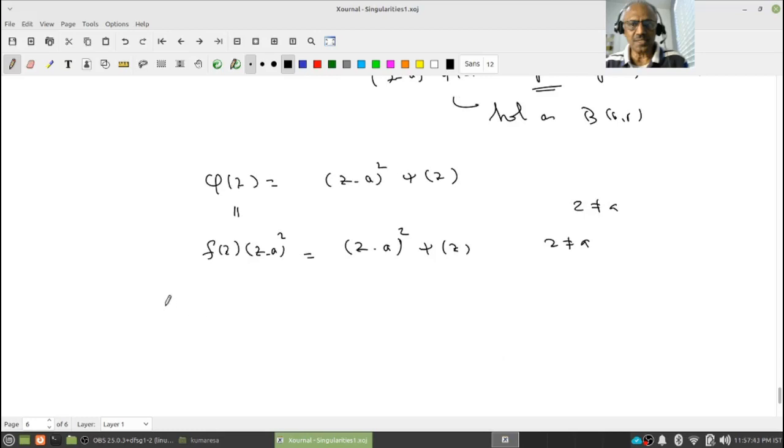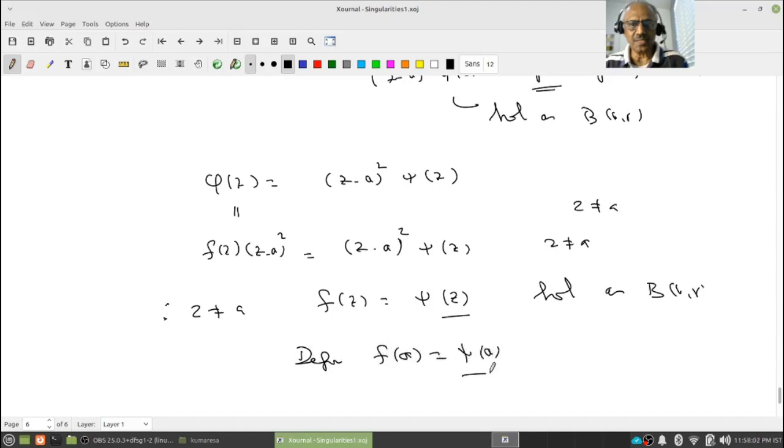Therefore, for z not equal to a, f of z is nothing other than psi of z. But psi is holomorphic on the disk. Therefore, define f of a to be psi of a. So this psi is what is g. Call psi as g. That's it. I did not know whether this is what I wanted.